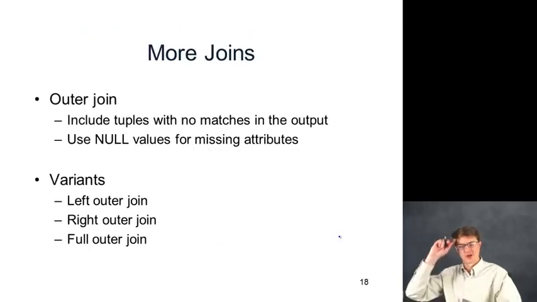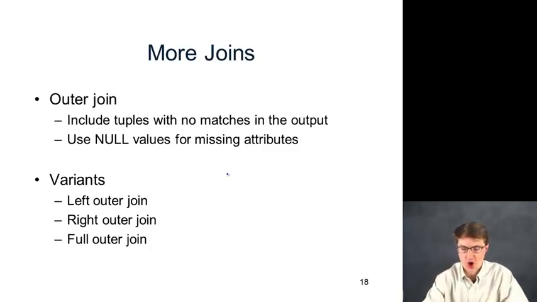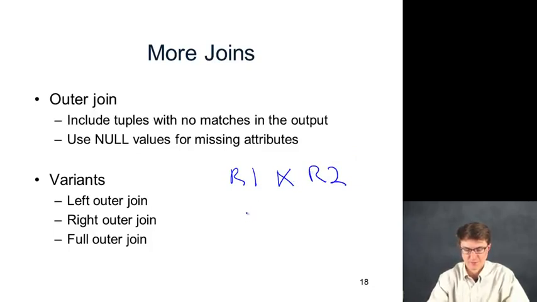Okay, there are other joins. Another join to recognize is the outer join. Here, what you're saying is you want all the tuples from the left, R1, R2, we'll write it like this with this missing leg here. You want all the tuples from the left side.